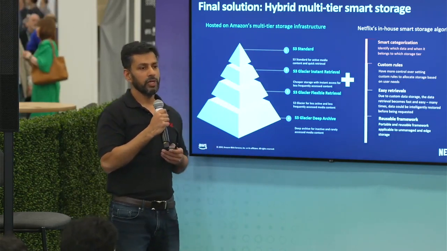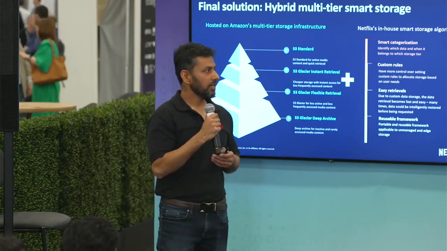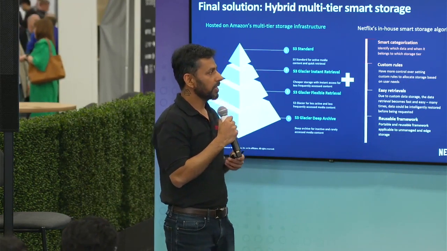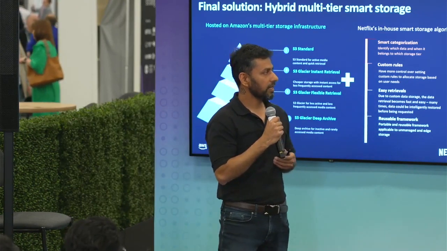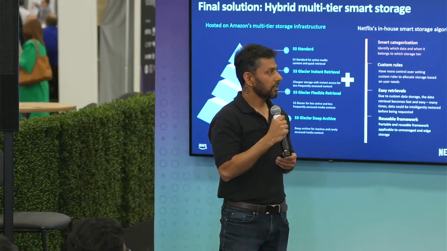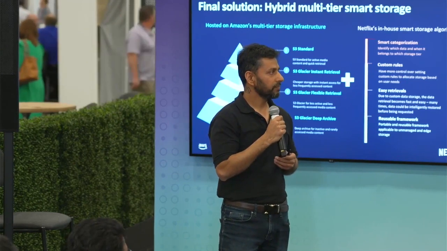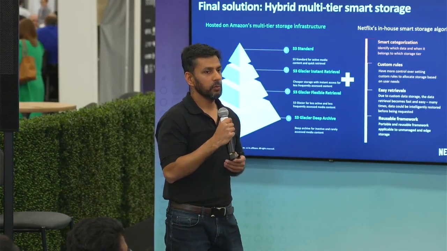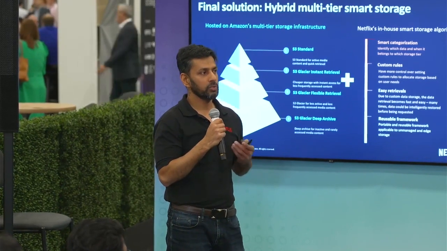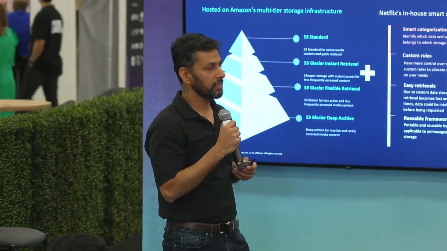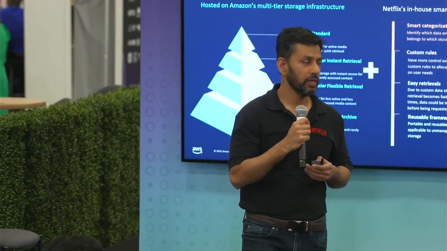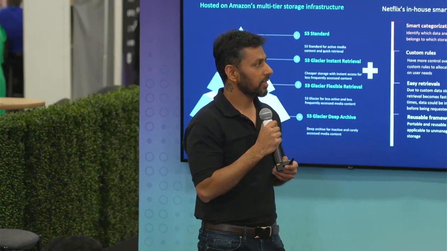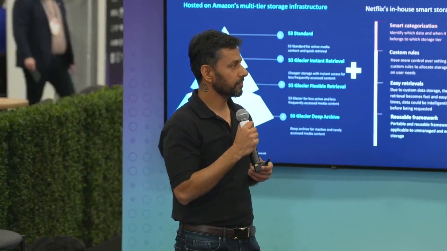We made sure that right at the beginning, we could categorize our data into different buckets, and our insights help us with that. Next is the custom rules. We did not want to use the hard-coded algorithm of S3 Intelligent-Tiering. We wanted to make sure that we can move data sooner into different tiers.